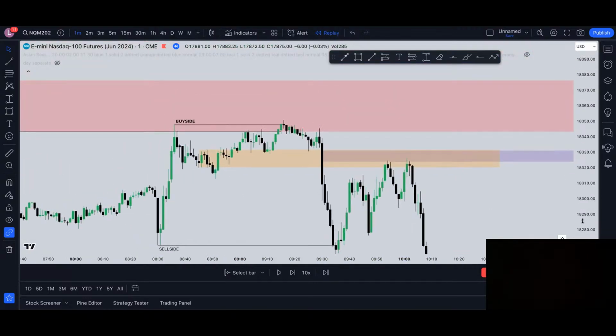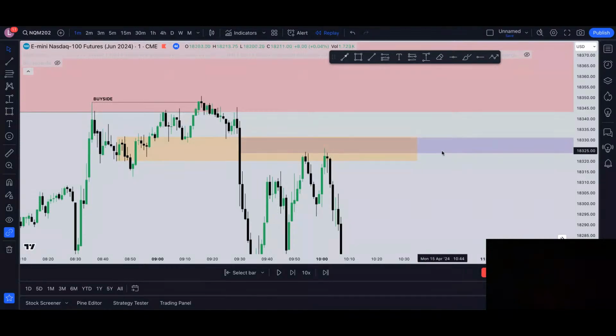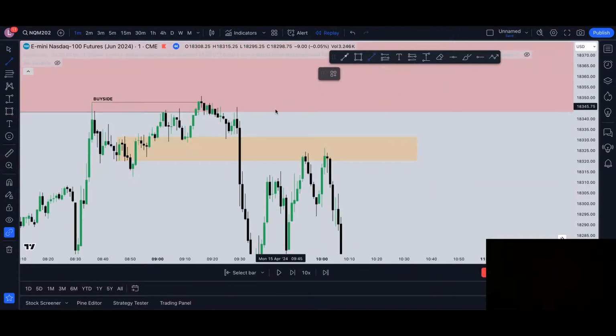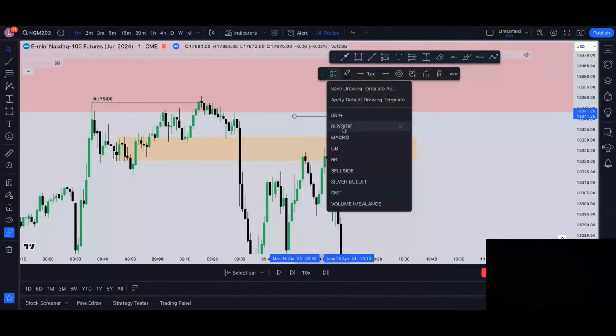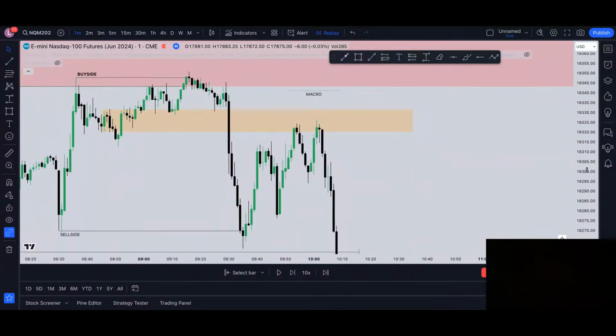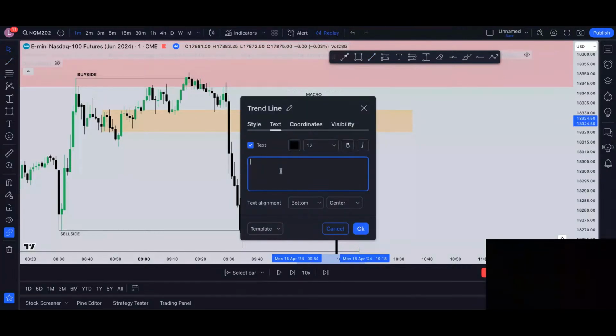And so we can see this 5 minute breaker, this 15 minute fair value gap. Let's mark the macros. Here's the macros. Turtle soup.